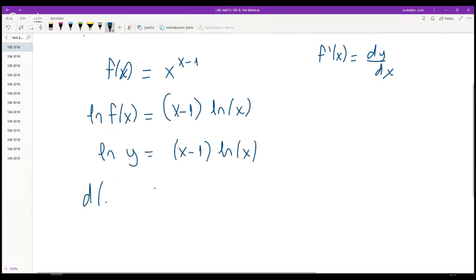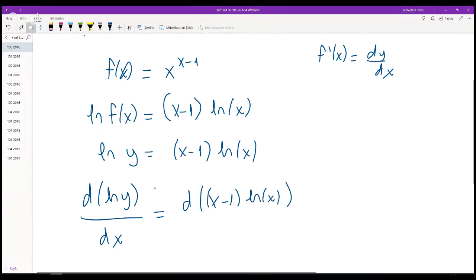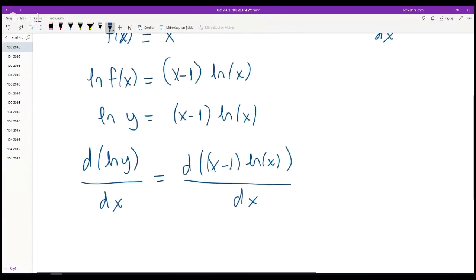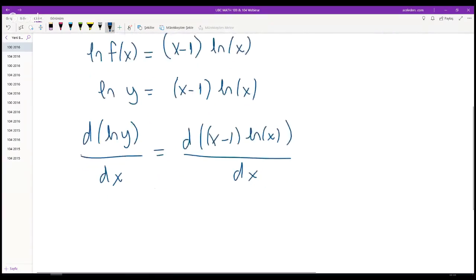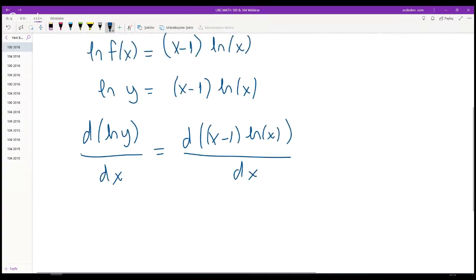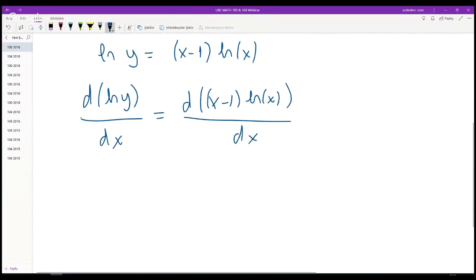So d ln y with respect to x equals d over dx of (x minus 1) ln x. This is called implicit differentiation, because on the left hand side we have ln y, and I will differentiate ln y with respect to x.